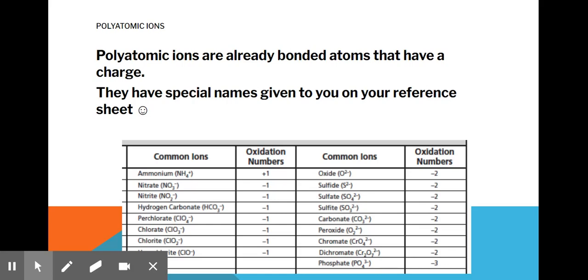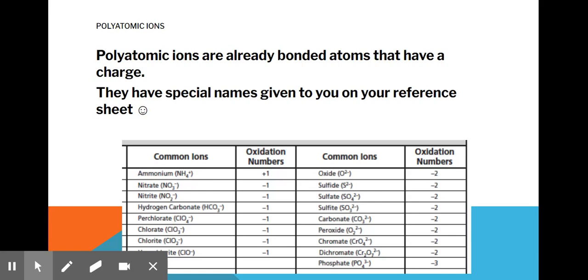They have special names. If you look on the back of your periodic table at the common ions chart, the middle column and the far right column have a bunch of polyatomic ions. There are more than these, but these are the ones that are going to be most common in this course.